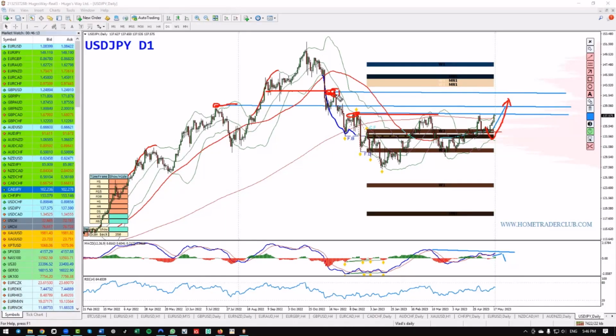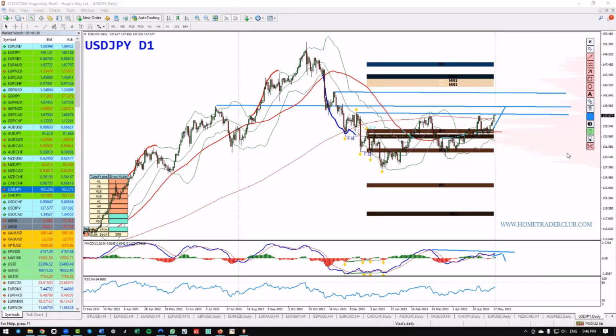That's more like 140.280. From one of these zones, and I say one of these zones because we cannot predict where exactly the market will start the movement, I believe dollar yen will top, make another high, complete the conditions of higher highs on the chart versus lower highs on the indicator, and start the sell-off.